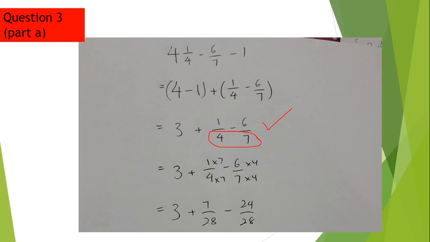Okay, one of the ways is by multiplying the fraction with the opposite denominators. So 4 times 7, 1 times 7, 7 times 4, 4 times 4. So after that you will have the same denominator, 28 and 28, right?